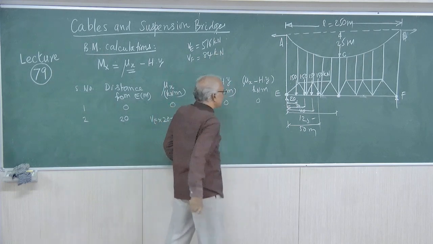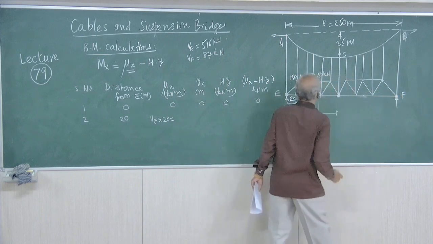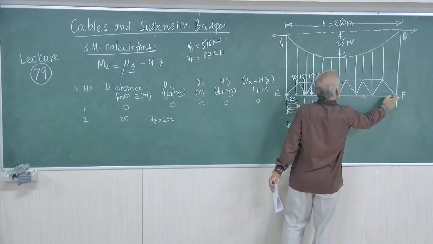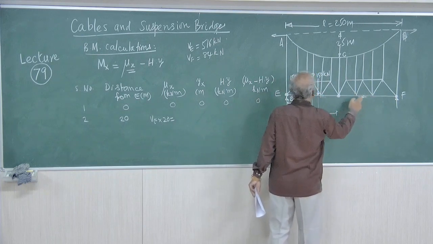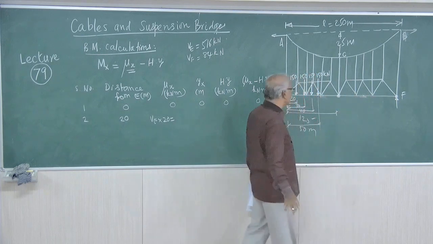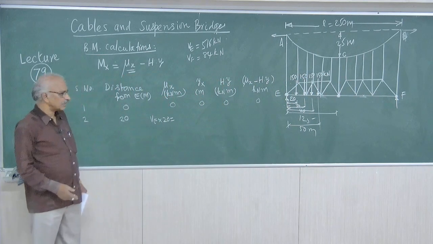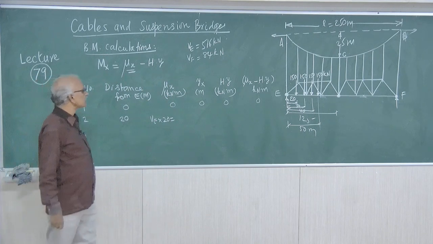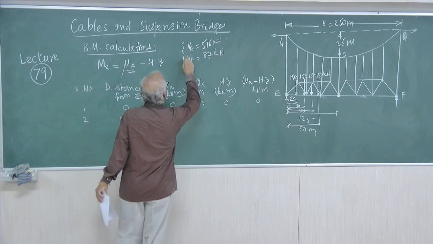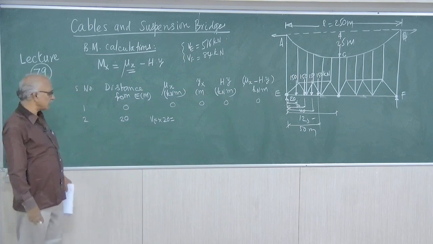It is simple: VE into 250 minus 150 into 200 minus 150 into 210 minus 150 into 220 minus 150 into 230 equal to 0 will give the value of VE. Similarly we can find out VF. I have taken the value from the previous problem because it is already a solved example.